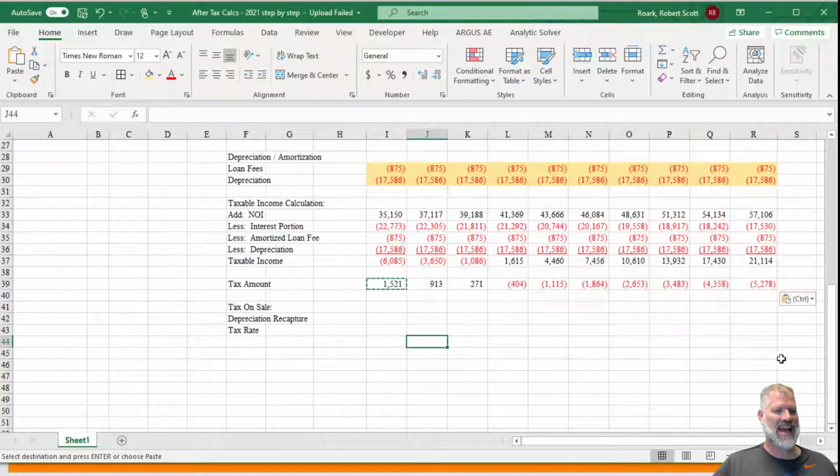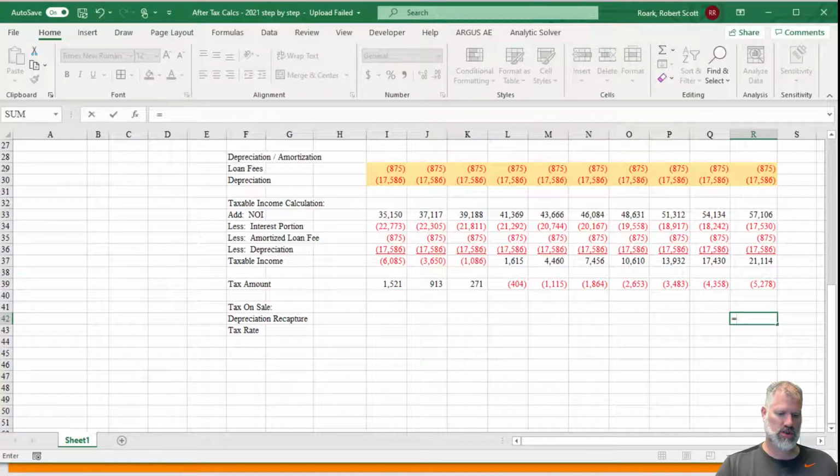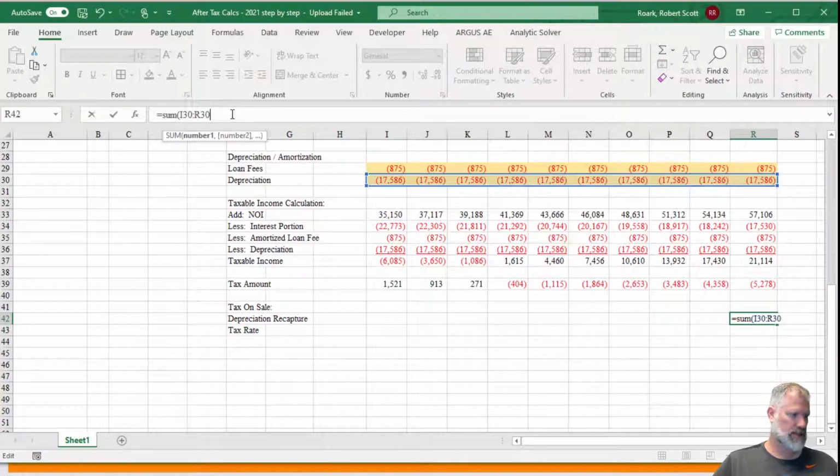And then the last thing we need to do from a taxation standpoint is to look at some taxes on the sale of our property. So the first thing we have is the depreciation recapture tax. So I'm going to first recapture all of our depreciation. So it's the sum of all of our depreciation here.